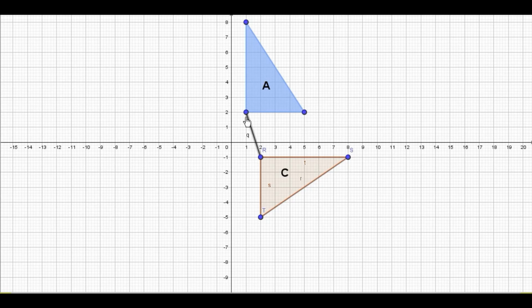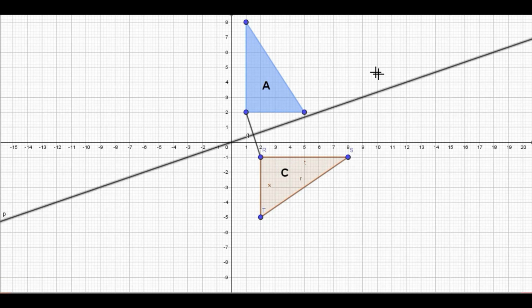So let us join the corresponding vertices. Then you have to draw the perpendicular bisector of this line. Now you can draw the perpendicular bisector of this line. Then after that we can join any other two corresponding vertices, and draw the perpendicular bisector of that line.